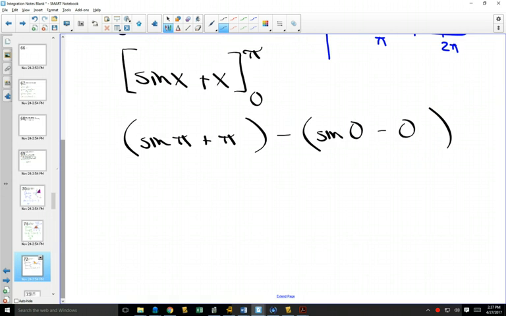Okay, and FLIPEROO gives us pi. Well, what's sine of pi? 0. Plus pi, pi. Minus sine of 0 is 0 minus 0, pi. Okay.